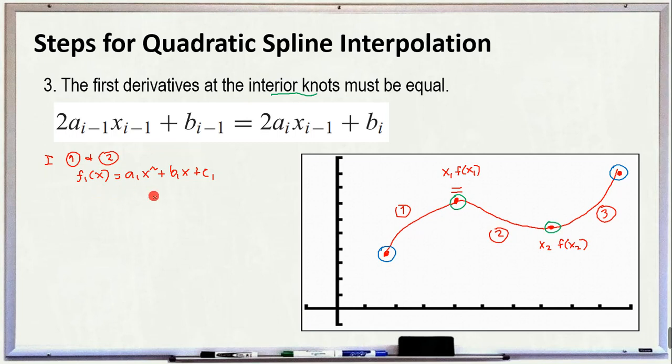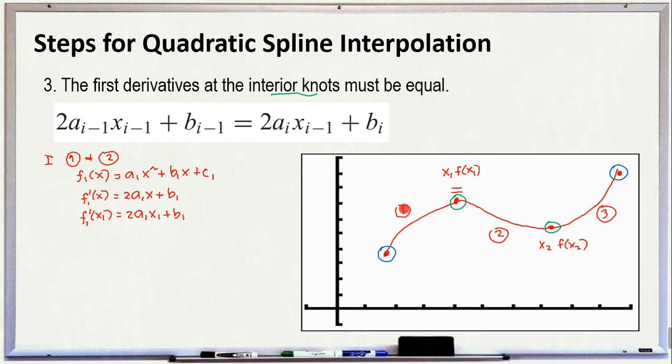So, what is the derivative of this one? So, f prime of x is equal to 2a sub 1 x plus b sub 1. Okay? So, i-evaluate man daw at the common nga knot nila or the interior knot. So, evaluated at x sub 1. So, kana siya, mahimo na siya og f1 prime of x sub 1 equals 2a sub 1 x sub 1 plus b sub 1. Maribot pasabot.